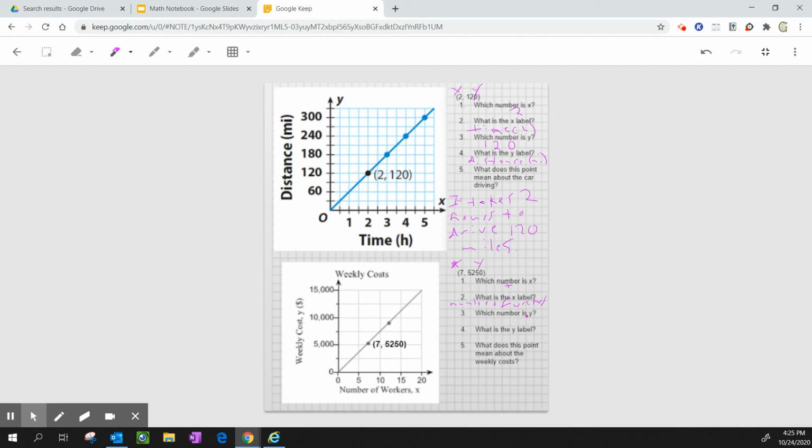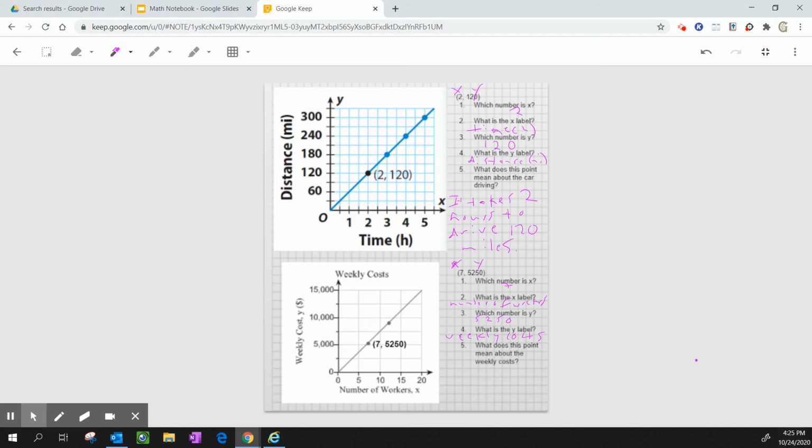And then it says which number is y, so the second number, 5,250. And what's the y label? The y label would be weekly costs. And then again, same idea. What does that point mean about the weekly costs?